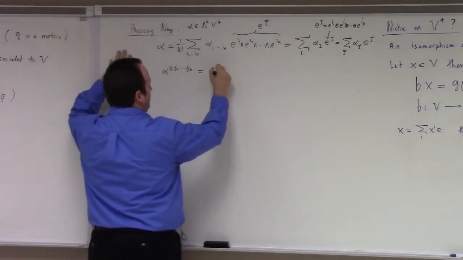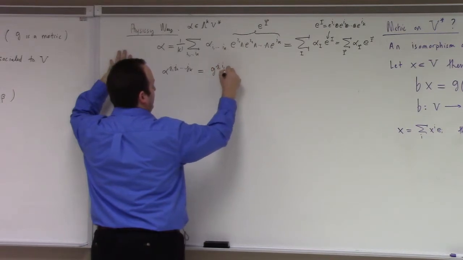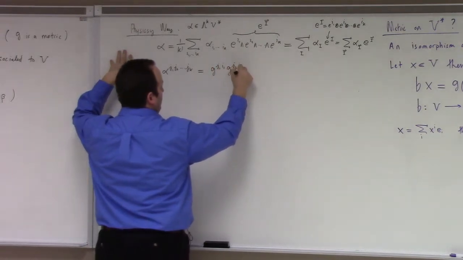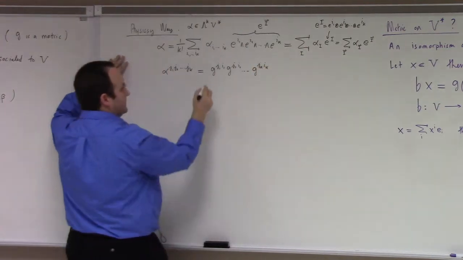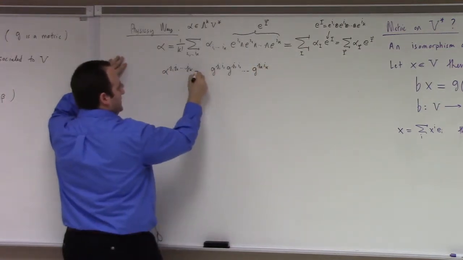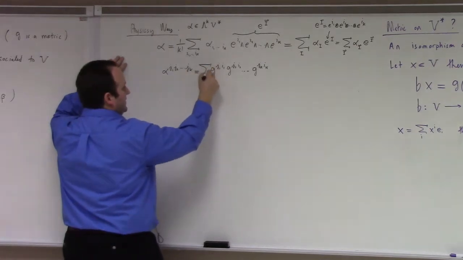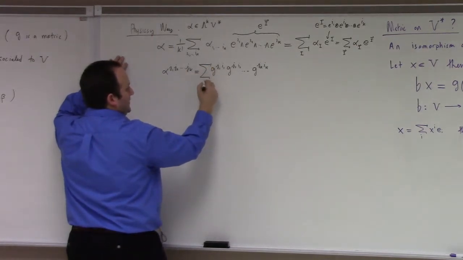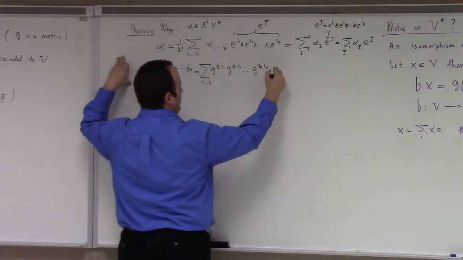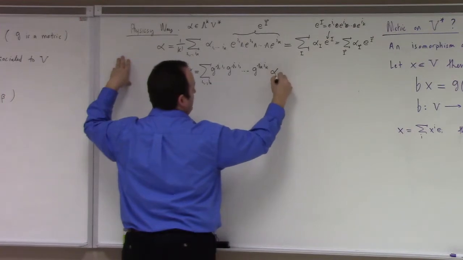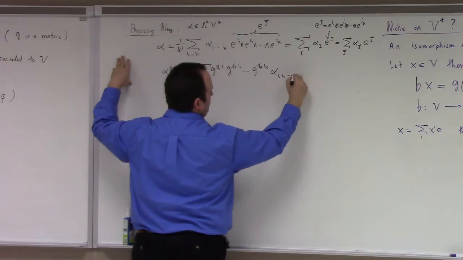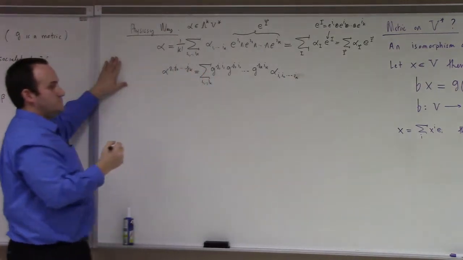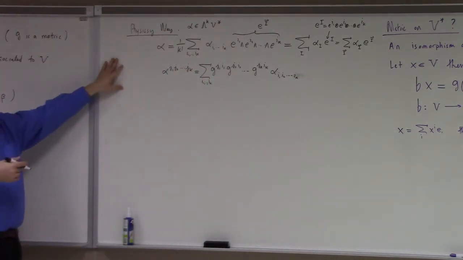I do g^{j1 i1} g^{j2 i2} ... g^{jk ik}. Oops, I forgot my sum. I'm not being physicsy enough here. Of course, I have to sum over the i's, and then I would have alpha_{i1 i2 ... ik}. You raise the indices like that.